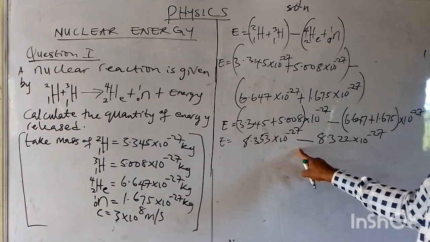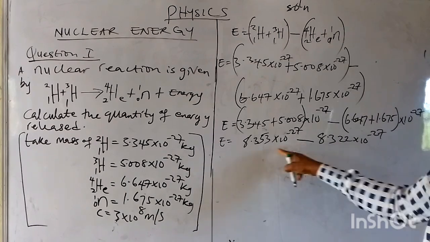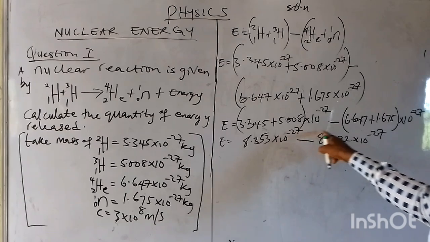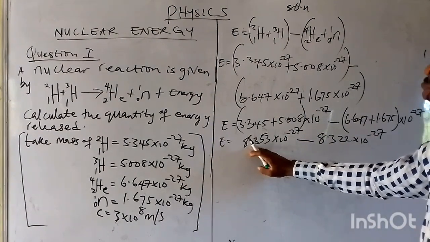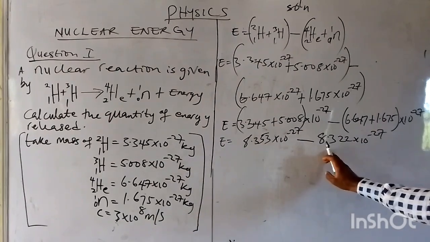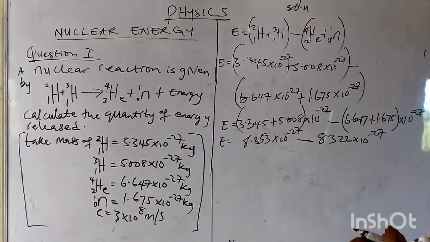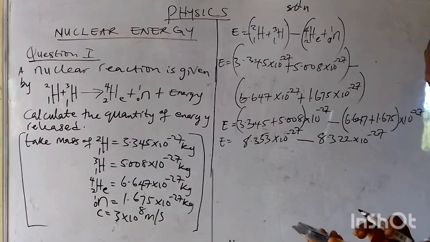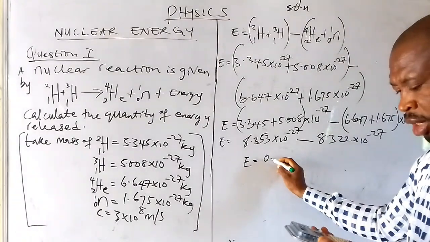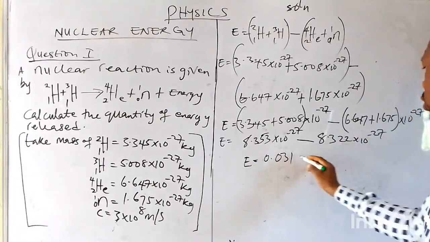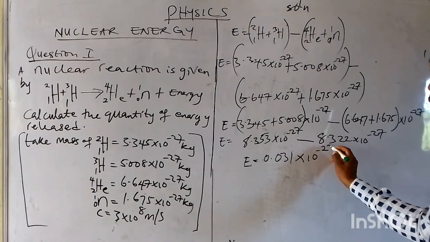Because we are subtracting, we subtract the bases and then pick the index number. So the bases now will give us 8.353 minus 8.322. 8.353 minus 8.322 will give us that E is 0.031 at this point now times 10 raised to the power minus 27.